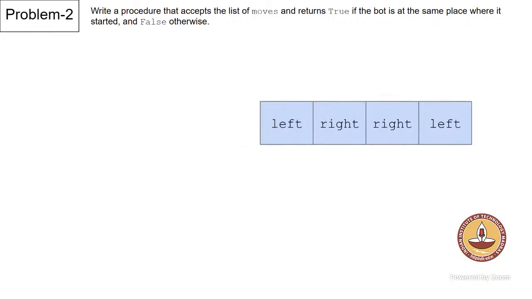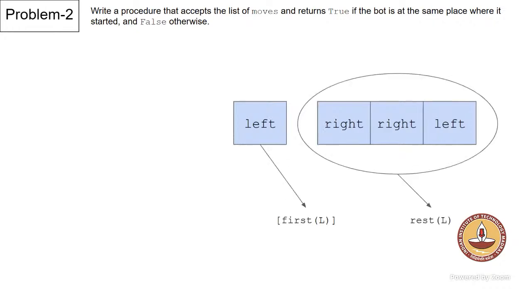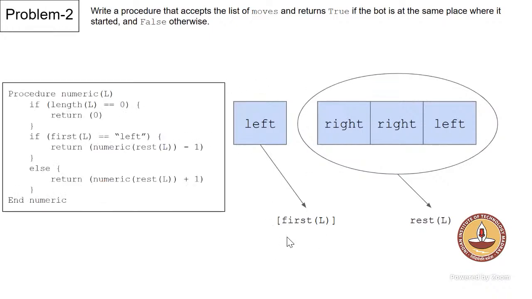So in order to do that, what we are doing here, first we are taking first of L, right? We are checking the numeric of L, that is the number of moves. If the length of our list is 0, then our number of moves is 0, right?